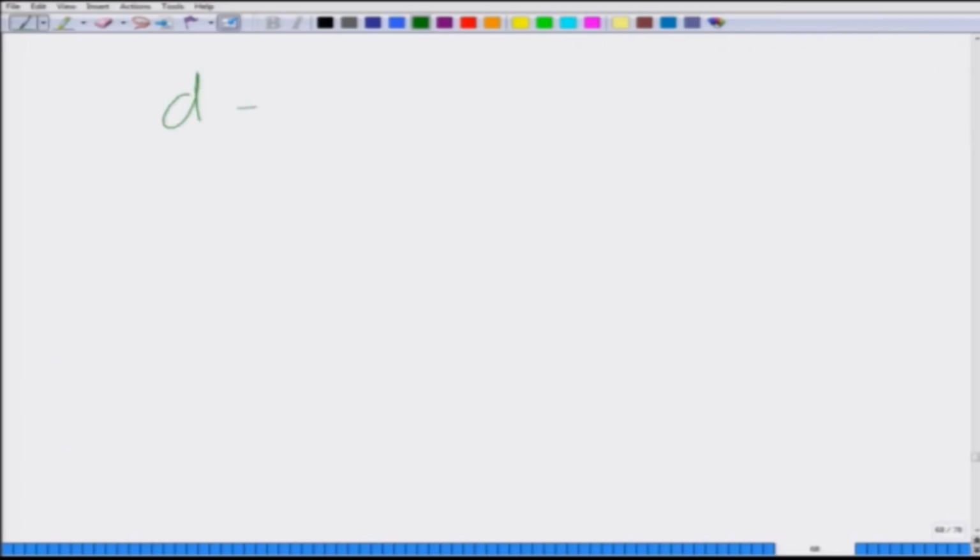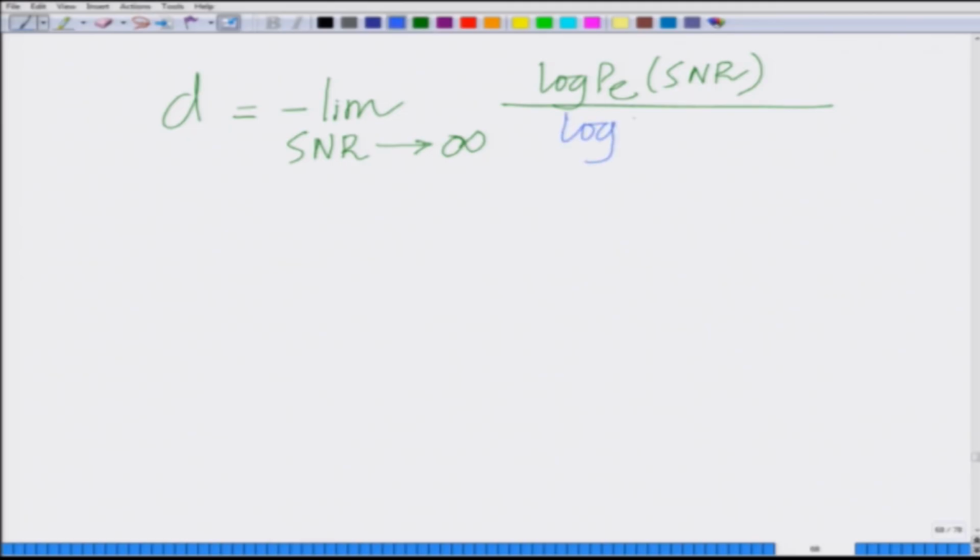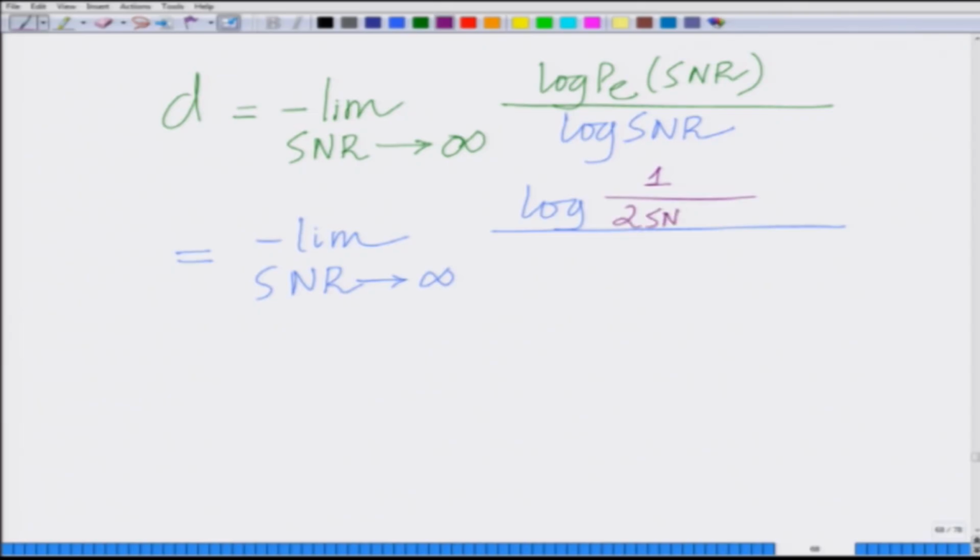Therefore, the diversity order of this system is D equals minus limit SNR tends to infinity of log of PE of SNR divided by log of SNR, which is equal to minus limit SNR tends to infinity of log of 1 over twice SNR divided by log of SNR.